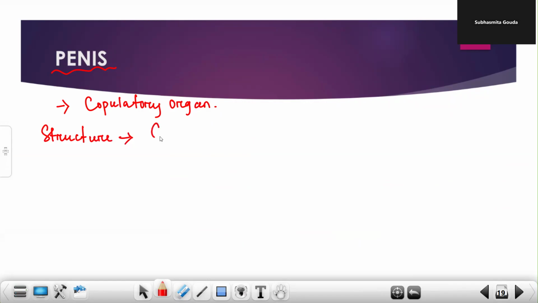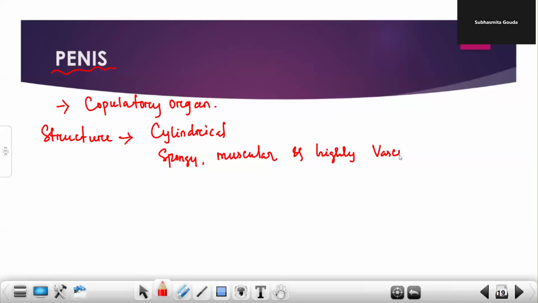It is spongy, muscular, and a highly vascular organ.